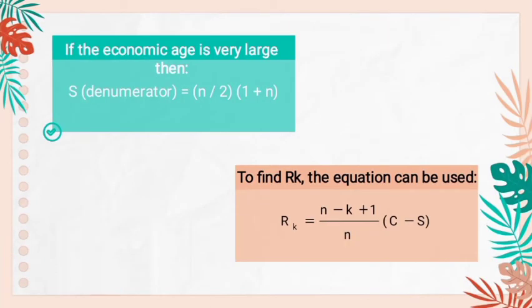If the economic life is very large, then you can use the formula S, or denominator, equals n divided by 2 multiplied by (1 plus n). And to find Rk, the equation can be used: Rk equals (n minus k plus 1) divided by S multiplied by (C minus S).